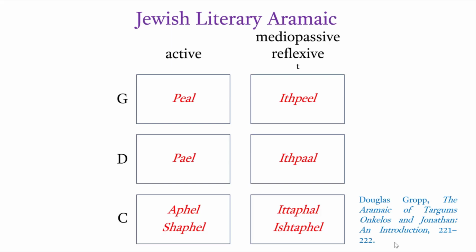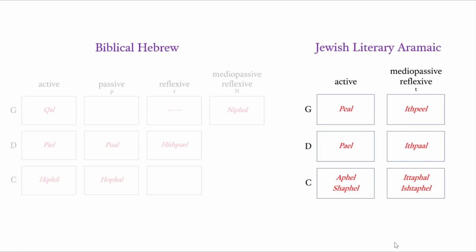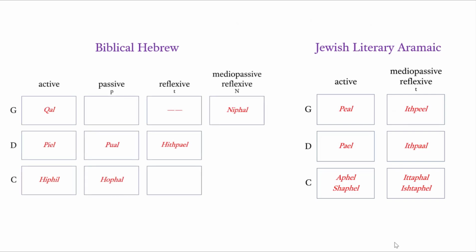And it's interesting, in Jewish literary Aramaic, there are actually a good number, as compared to the Bible, of shafels and ishtafels, just more roots available that are attested in those stems with, we presume, a similar meaning as the afel and the itafal.